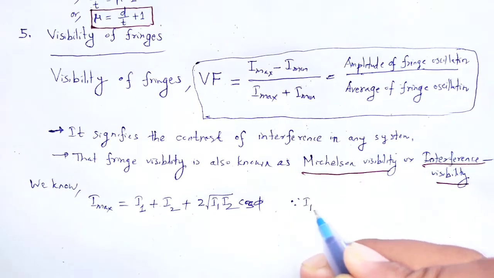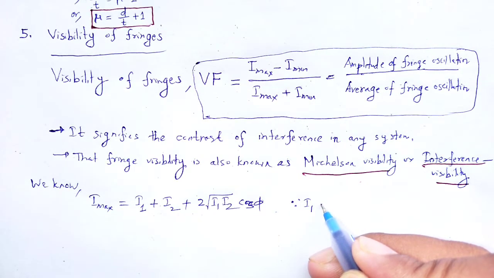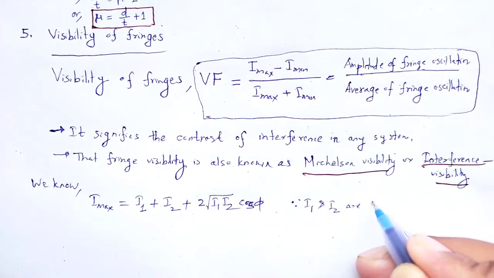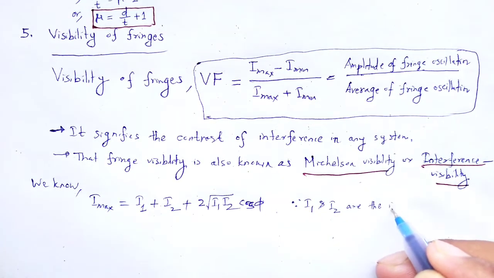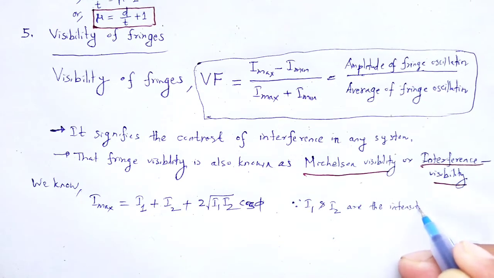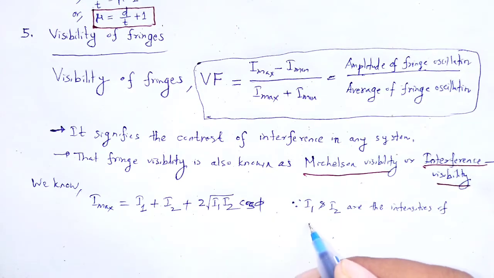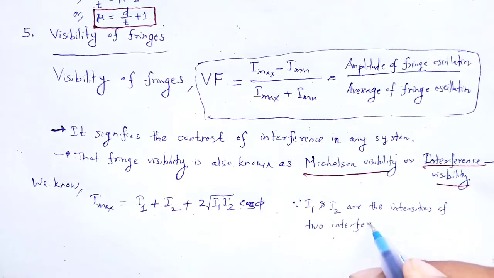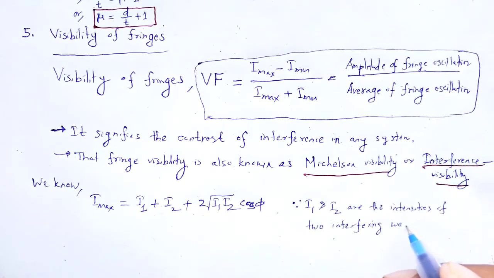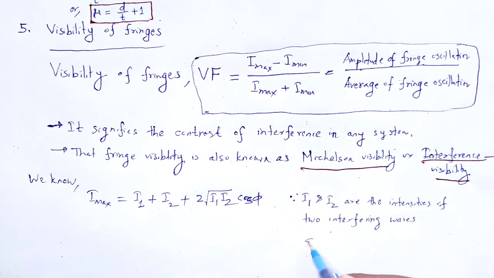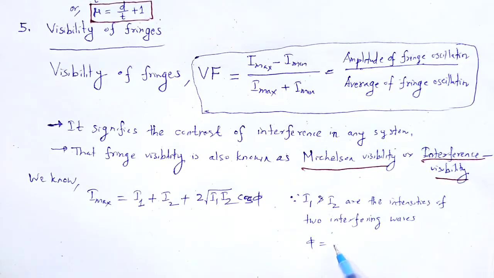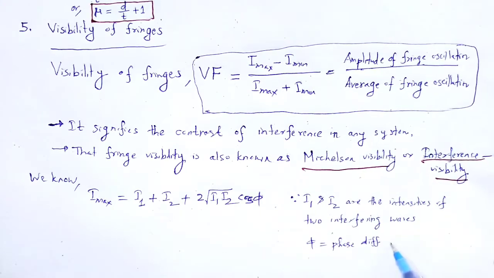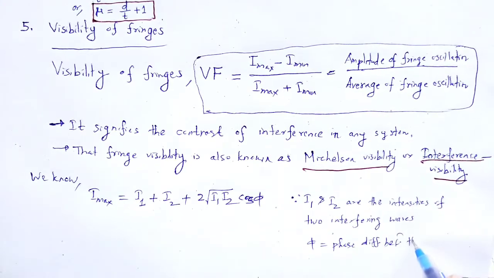Here I1 and I2 are the intensities of the two interfering waves.